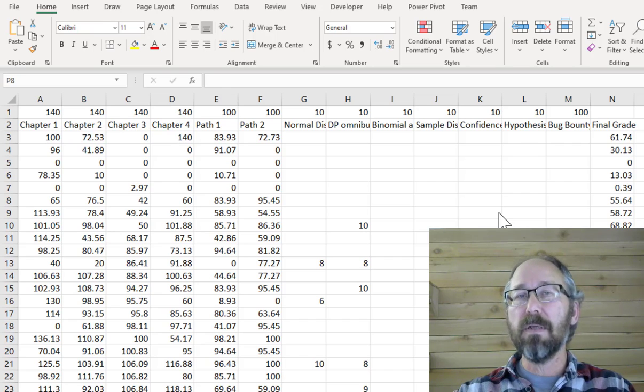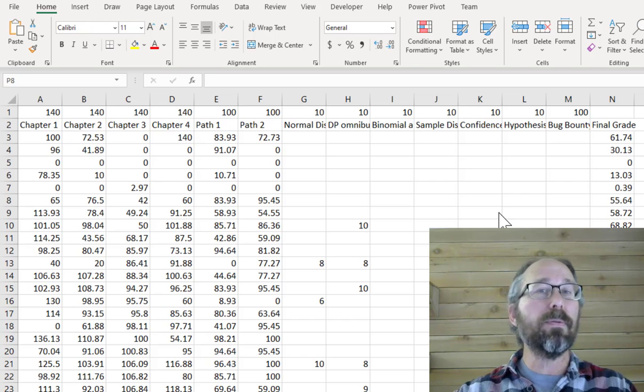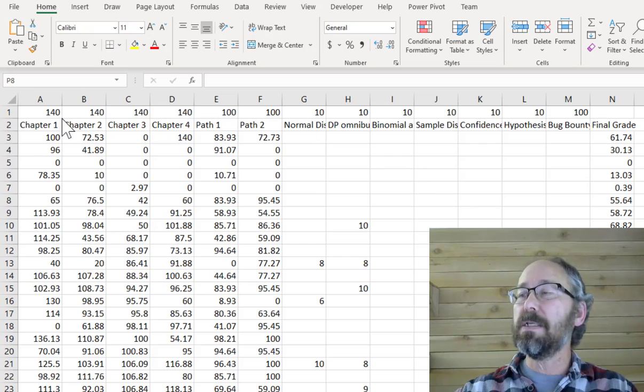And the direction that we're going here is I want to do hypothesis testing for the students who have completed all of the assignments. So the very first thing we'll do is remove any rows, any record of a student who didn't attempt an assignment, so where the assignment is a 0. And I'm going to do that by using conditional formatting to format a 0 as red so I can easily see it.